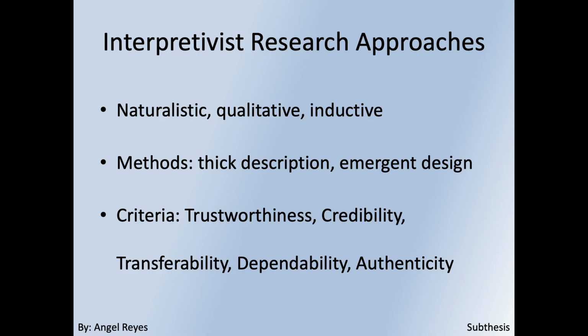Key methodological features include thick description, rich, detailed accounts of context and meaning, and emergent design, allowing the research to evolve as understanding develops. Quality criteria also differ from positivist standards, focusing on trustworthiness, credibility, transferability, dependability, and authenticity rather than validity and reliability in their traditional sense.